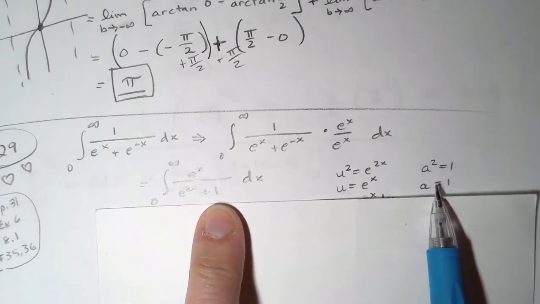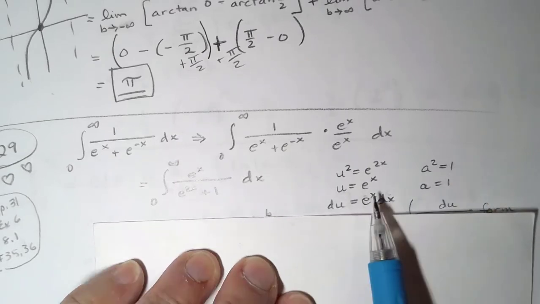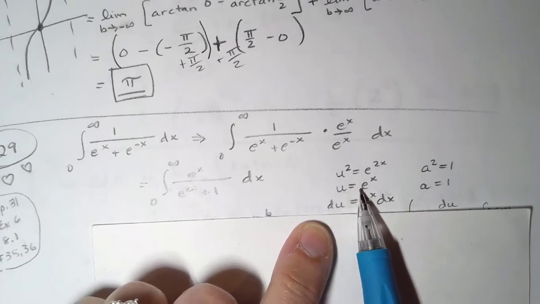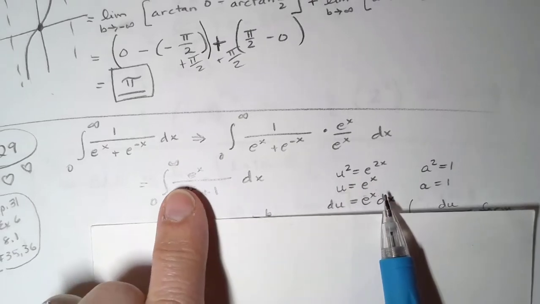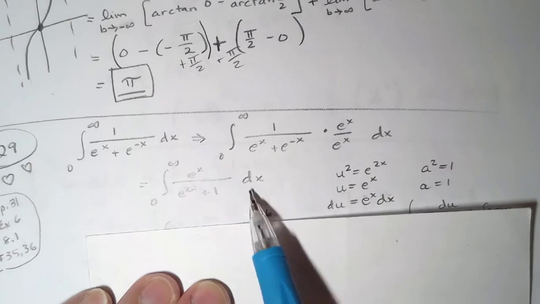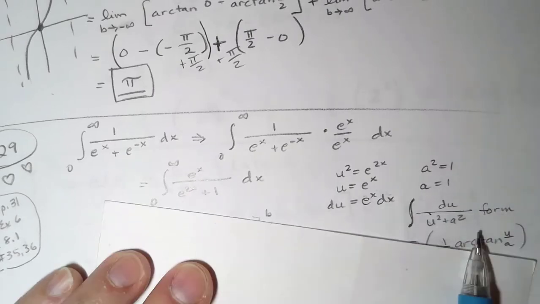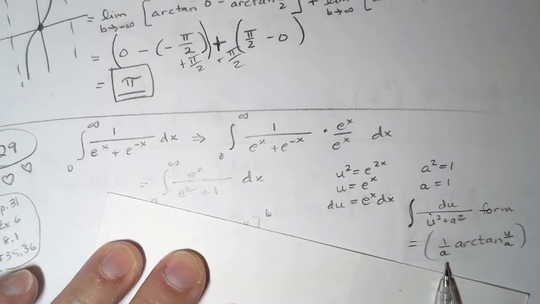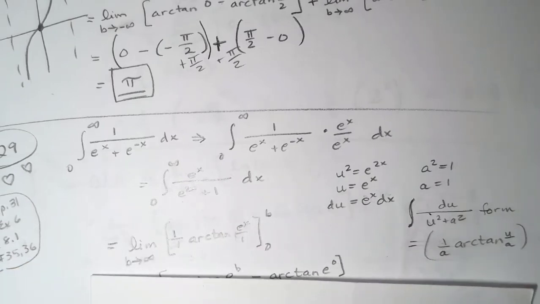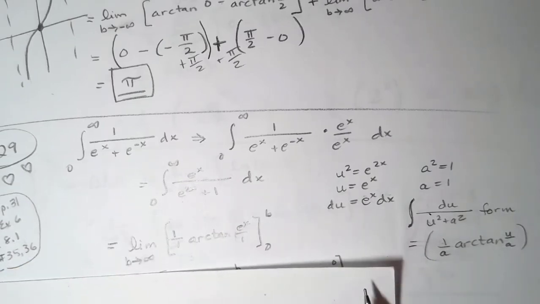A squared is 1, makes a 1. If my u is e to the x, my du is e to the x dx, which I have, so I actually have du over u squared plus a squared form, which integrates to 1 over a arctan u over a. So once again, we're looking at an arctan problem, which is why I like this one so much.